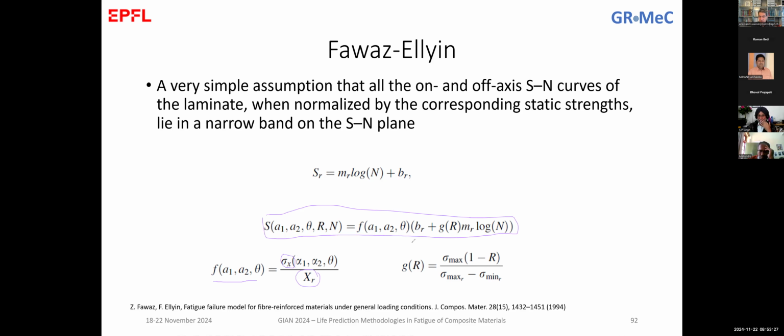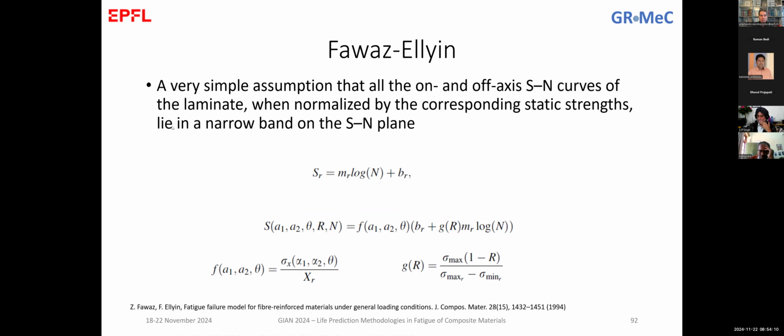And this G term that we see also here is a term that relates the ratio of the SN curves that we try to investigate. Actually, for them, this is an SN curve prediction and also somehow a CLD, because it gives also the relation to the mean stress with this R, which is a bit, I would say, ambitious as a modeling approach, and you will see later on why I'm saying this.